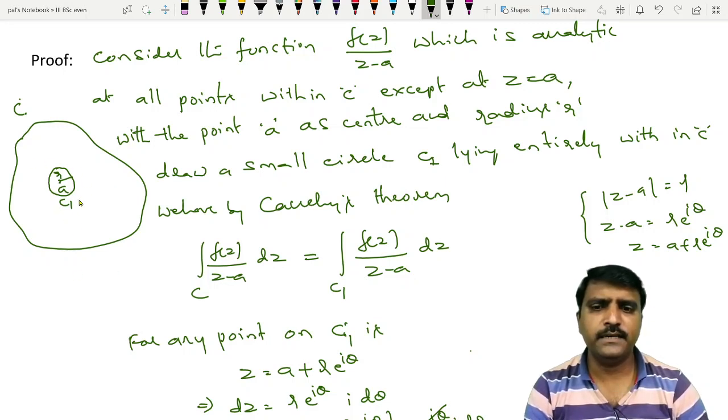Then the integration of f(z) over C1 is equal to the integration of f(z) over C2. We are using the same consequence, but here the function is f(z)/(z−a), which is analytic between the C1 and C2 curves. So the integration of f(z)/(z−a) over C is equal to the integration of f(z)/(z−a) over C1.